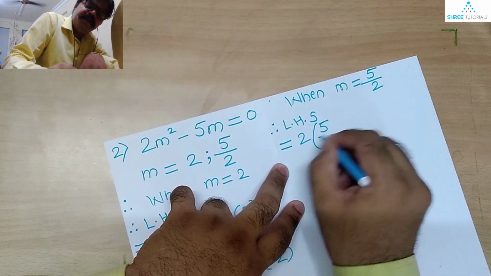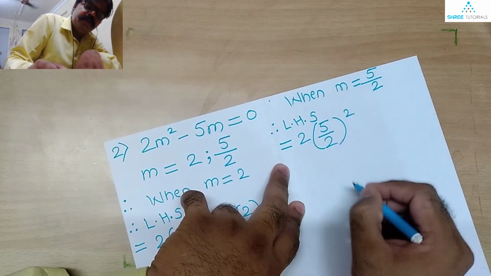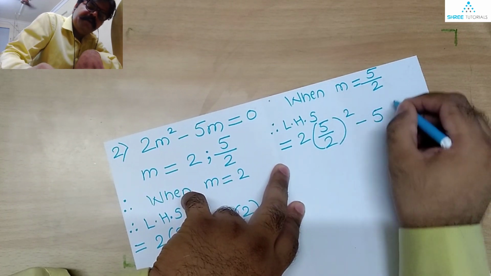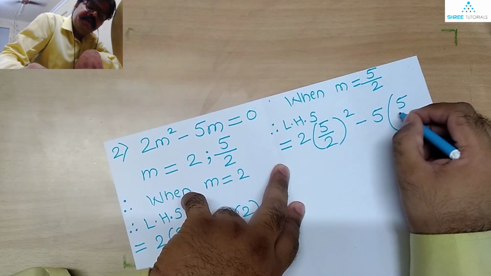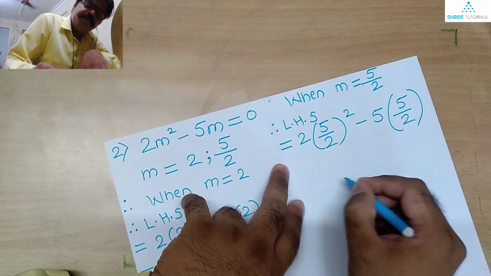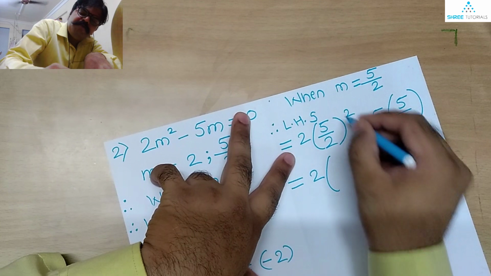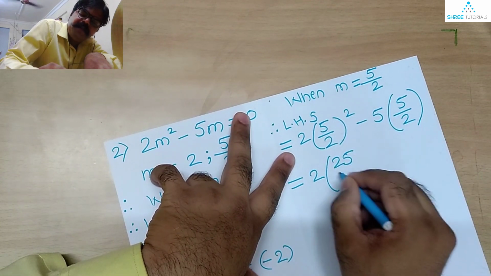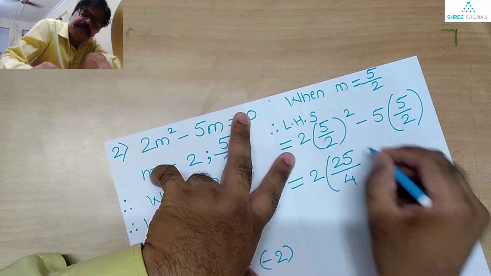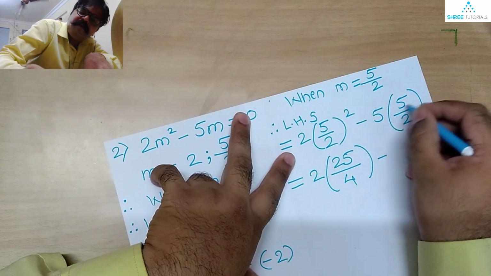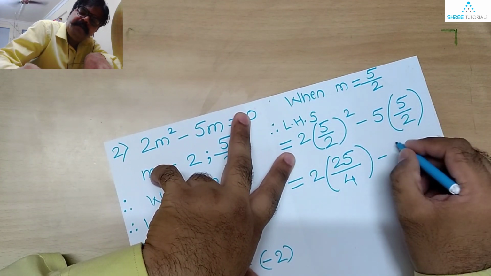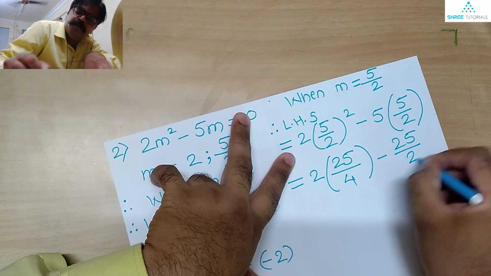That means 2 into (5 divided by 2) whole square, minus 5 into 5 divided by 2, because of which this bracket will become 5 square, that means 25, and 2 square, that means 4, minus 5 5s are 25 divided by 2.